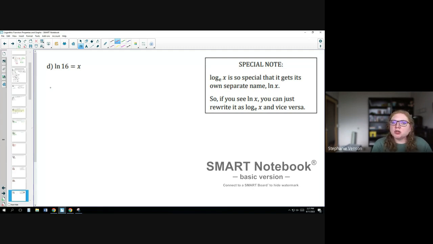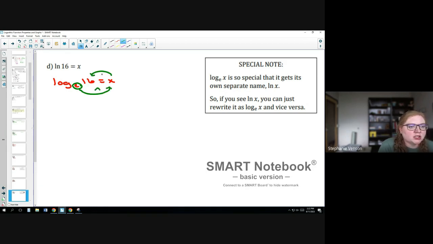So I'm going to rewrite natural log as log base e so that I can actually see the base and do my little circle trick. So this is log base e of 16 is equal to x. So I start with the base, raise it to what's on the other side of the equal sign, and set it equal to what's inside. So e raised to the x is equal to 16.